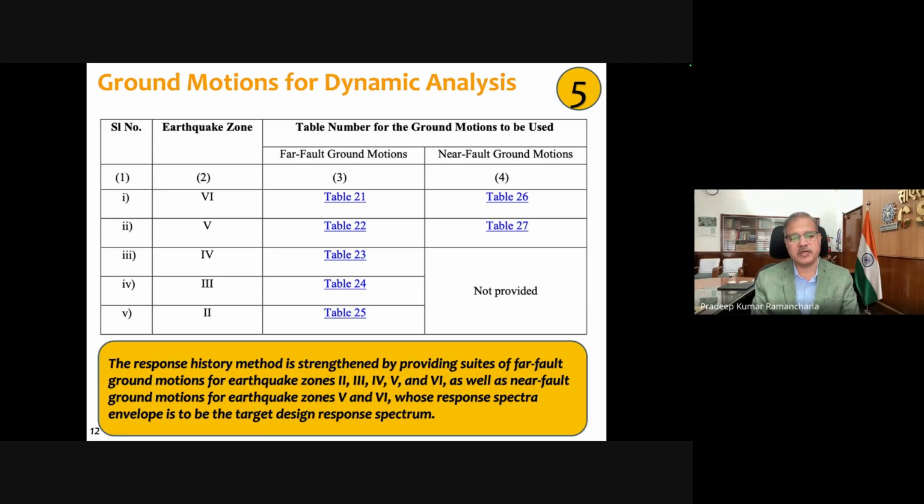So the response history method is strengthened by providing a suite of far fault ground motions for all the zones and near fault ground motions for zone 5 and zone 6. Also, the envelope has to match the target design spectrum. This is quite evolved and a detailed procedure is there, so maybe in the classroom your teachers will teach that.